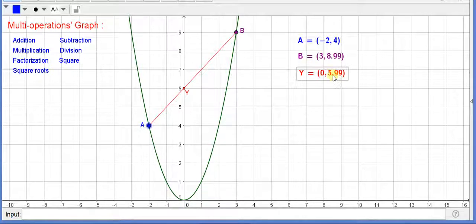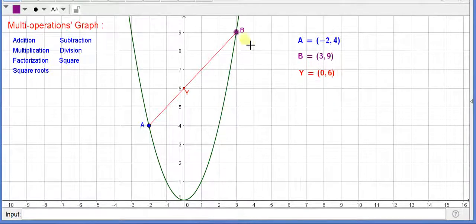I will adjust here. Now you see here 2 into 3, 2 is the x coordinate of point A, and 3 the x coordinate of point B. So the multiplication of these two numbers is equal to the y coordinate of point Y. So 2 into 3 is equal to 6.